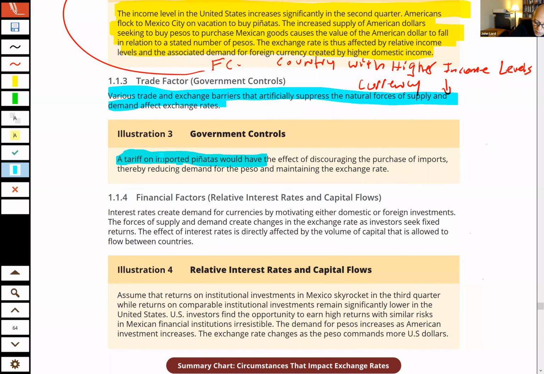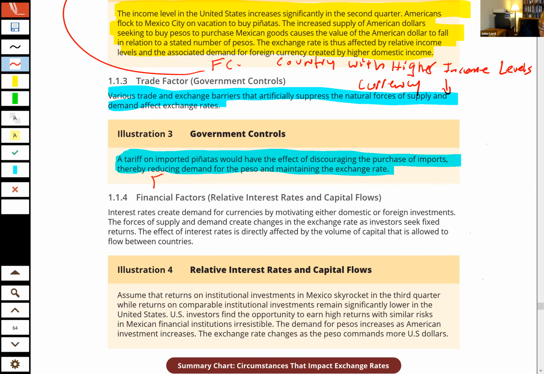A tariff on imported piñatas would have the effect of discouraging the purchase of imports, thereby reducing demand for the peso and maintaining the exchange rate. And again, let's put that down as a more palatable flashcard.